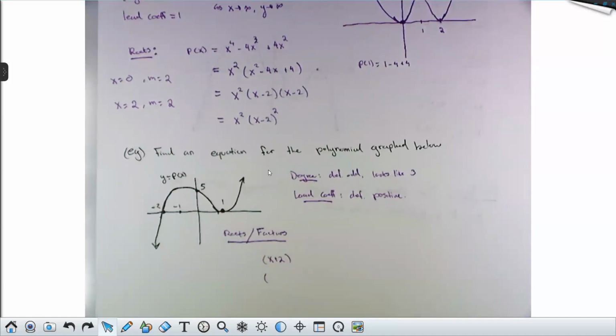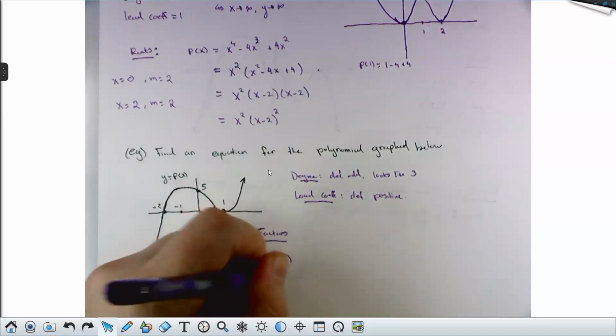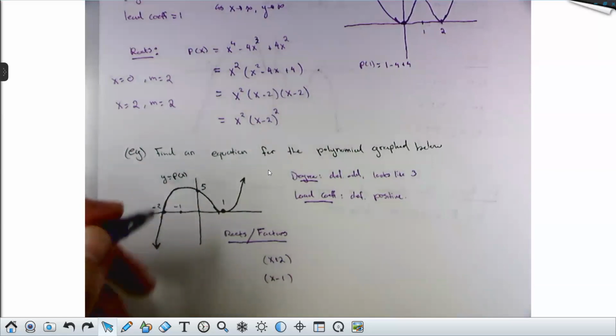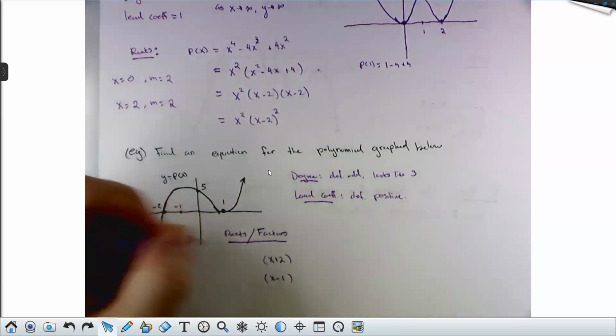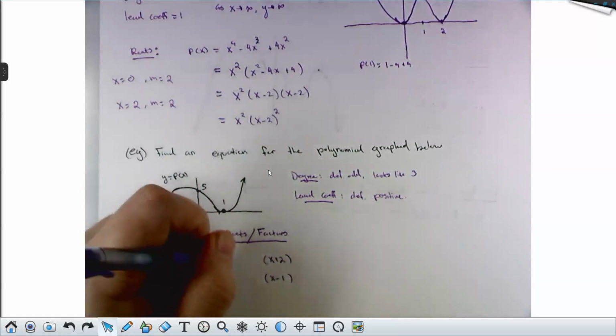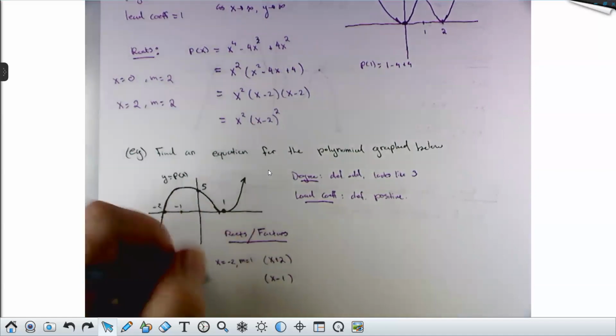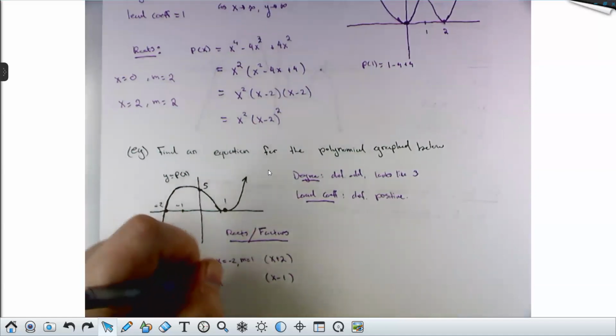X minus 1. Very good, x minus 1. And in fact, we can say the multiplicities, right? This factor is coming from the root at x equals -2, which has m equal to 1. And this guy is coming from the root at x equals 1, which has m equal to 2.